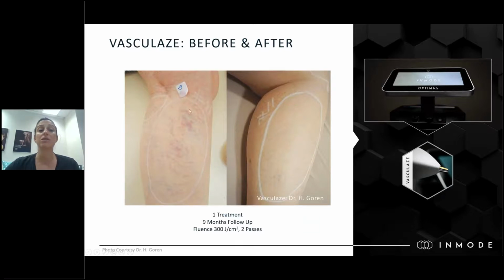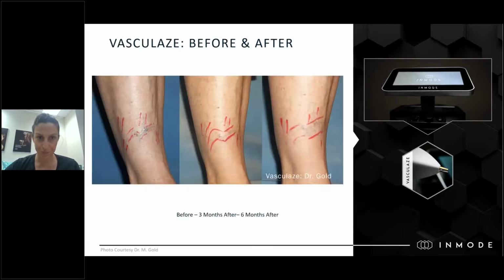You can see different sizes and different appearances of vessels may be targeted here. The smaller ones were cleared and the larger ones were cleared very efficiently as well. So as long as you are able to adjust the parameters and diagnose the response correctly during your treatment, you're good to go.